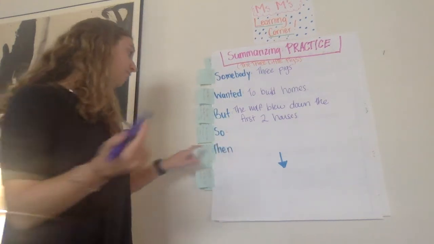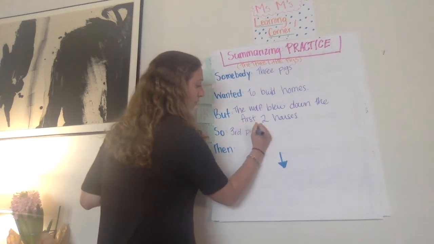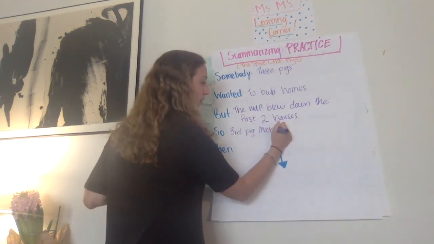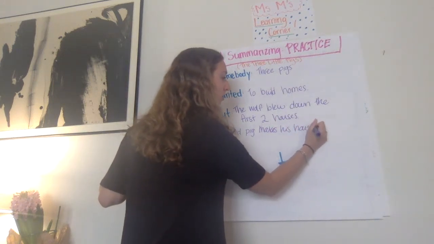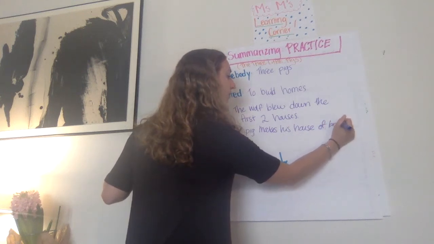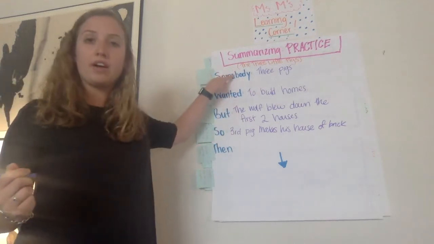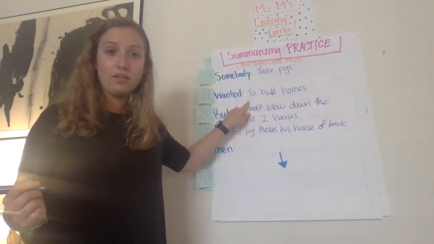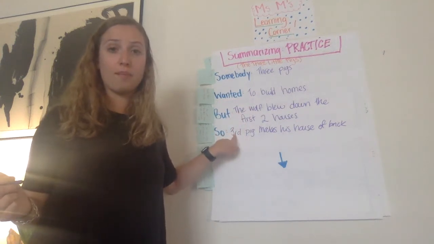So we can say the 3rd pig makes his house of brick. All right, so we have our main character or characters, what they wanted, what the problem is, and how they're solving that problem.